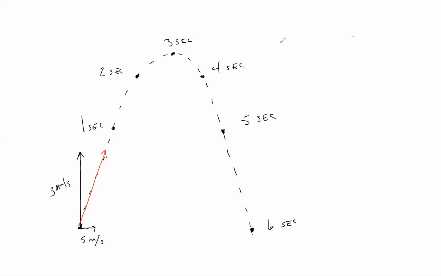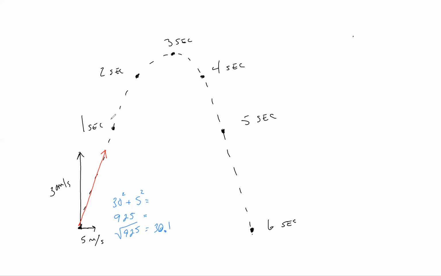Exactly. So we would take 30 squared plus 5 squared, and what would that be? 925. So whatever the square root of 925 is, probably about 30.1. But if you look at the angle, he almost threw it straight up. All right, now let's go to the first second.